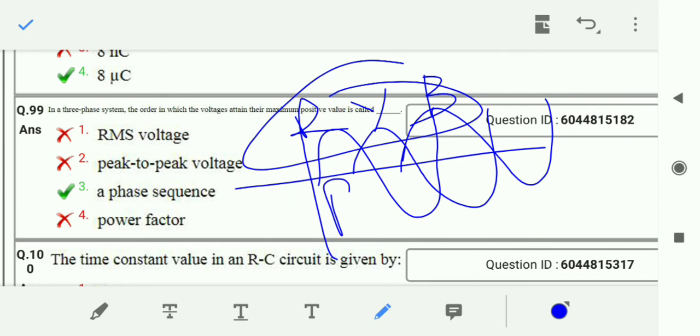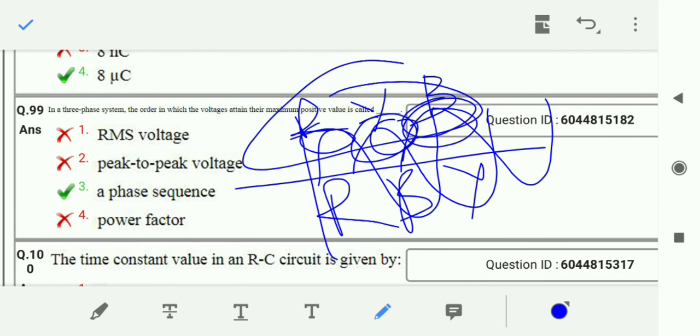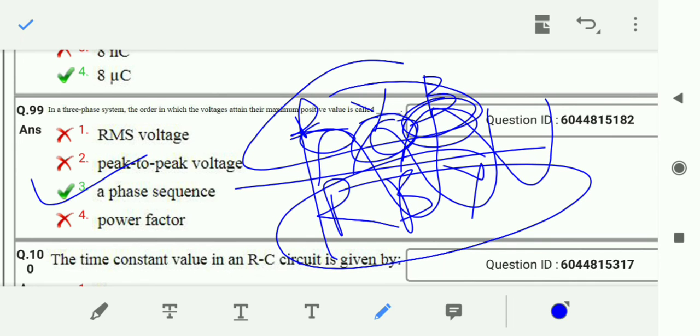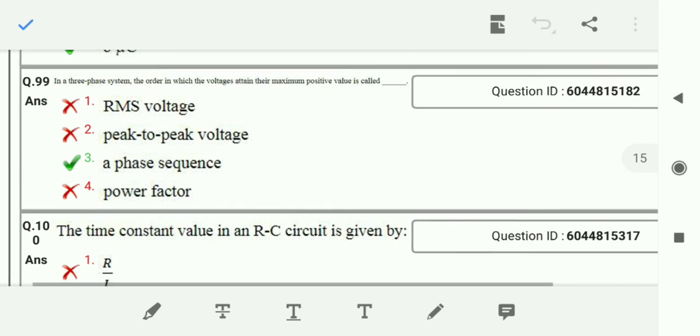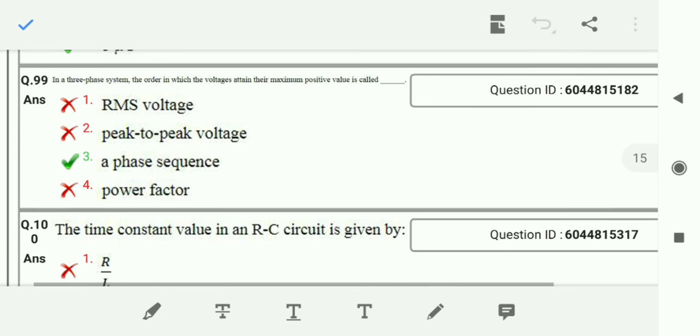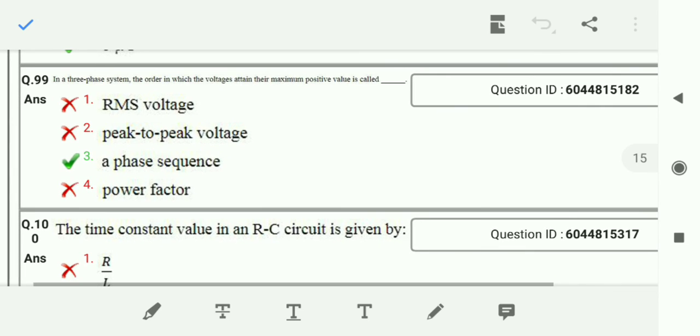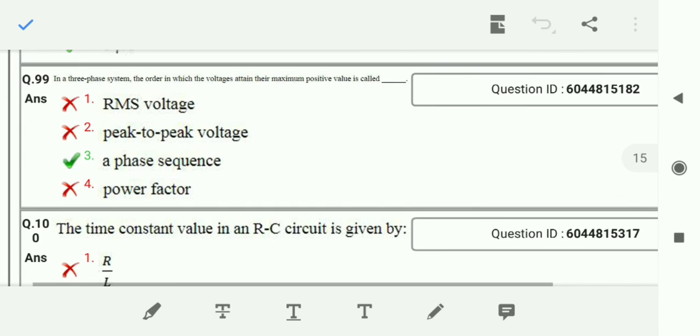If R attains maximum value, then B, and after that Y, then it is the RBY phase sequence. So the answer is phase sequence. Phase sequence is the order in which the phases attain maximum positive values.